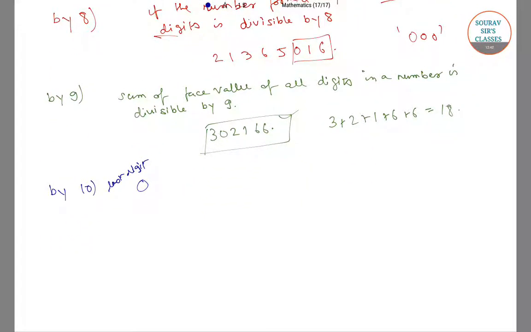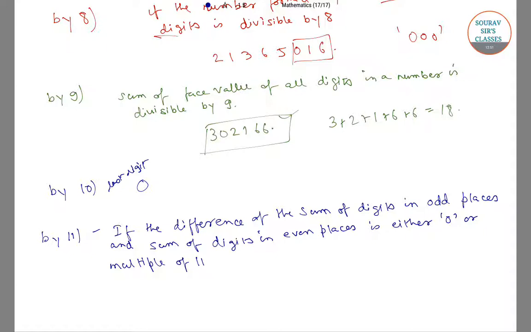Next is divisibility by 11. A number is said to be divisible by 11 if the difference of the sum of digits in odd places and the sum of digits in even places is either 0 or a multiple of 11. Now let us consider the number 647053.